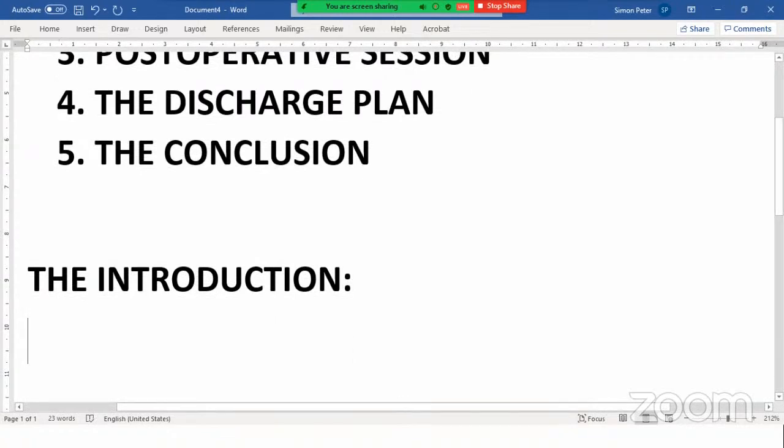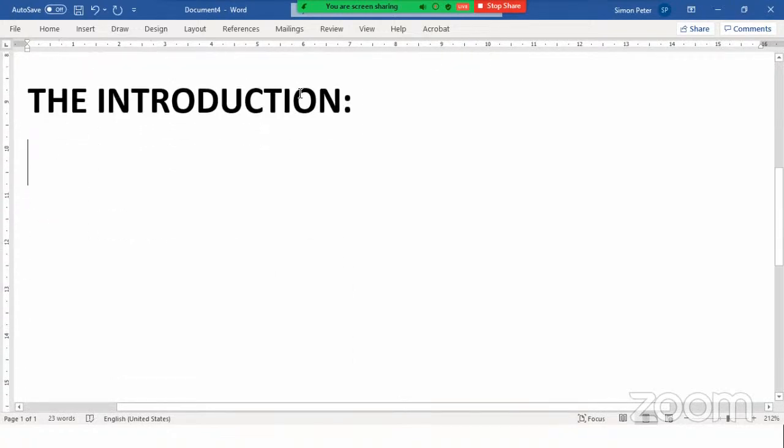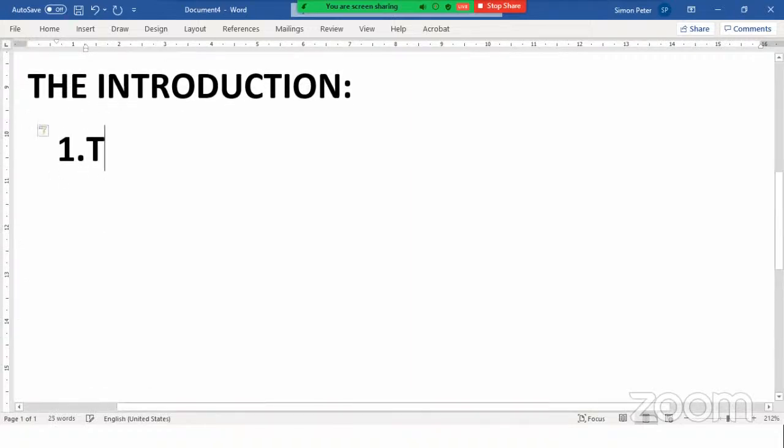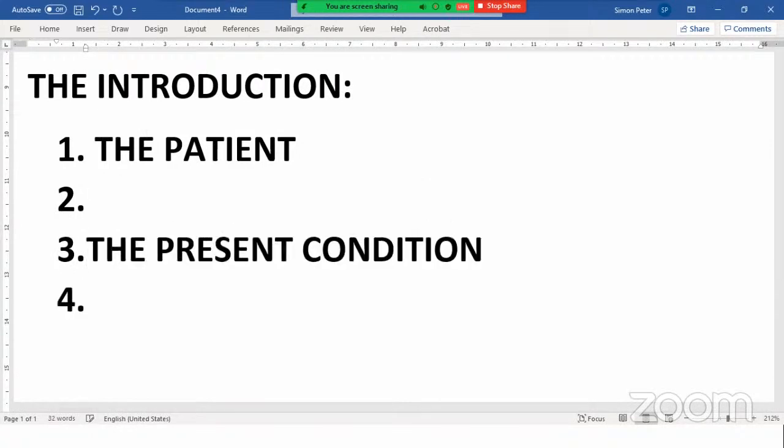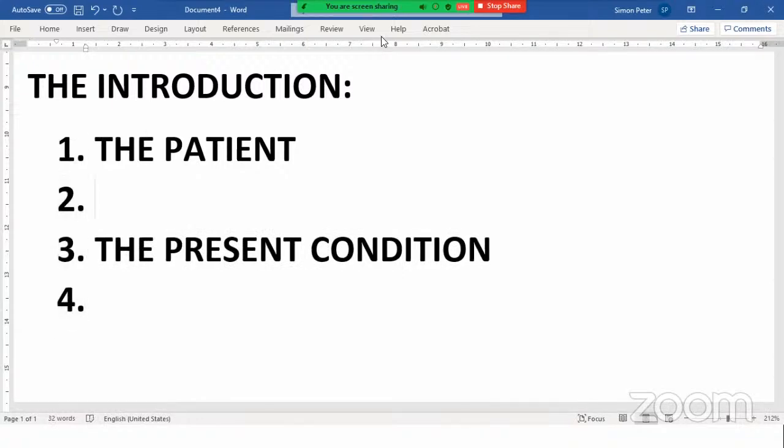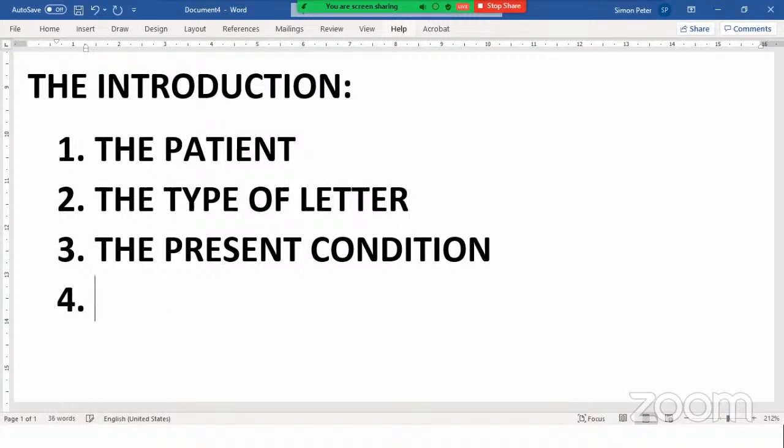In the introduction, you have to write number one, the patient. Number two, the present condition. Number three, the type of letter. Okay.